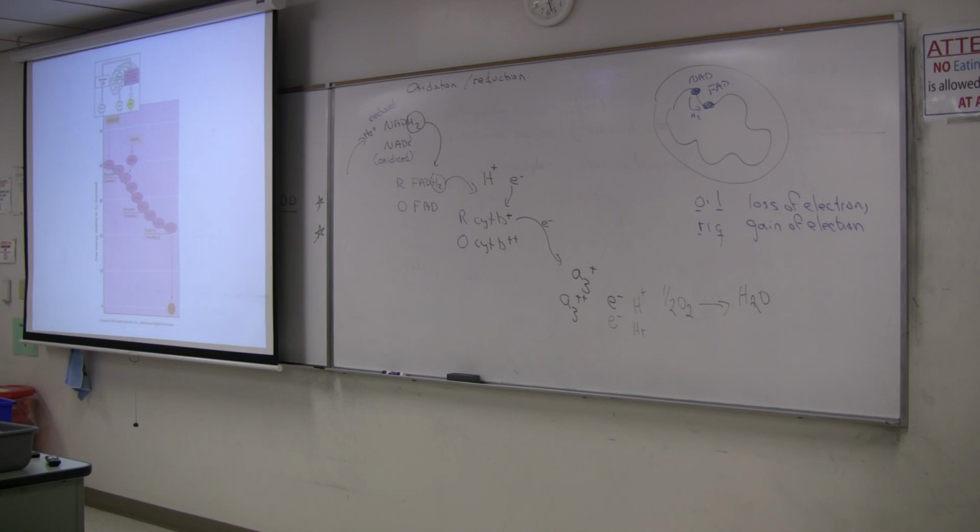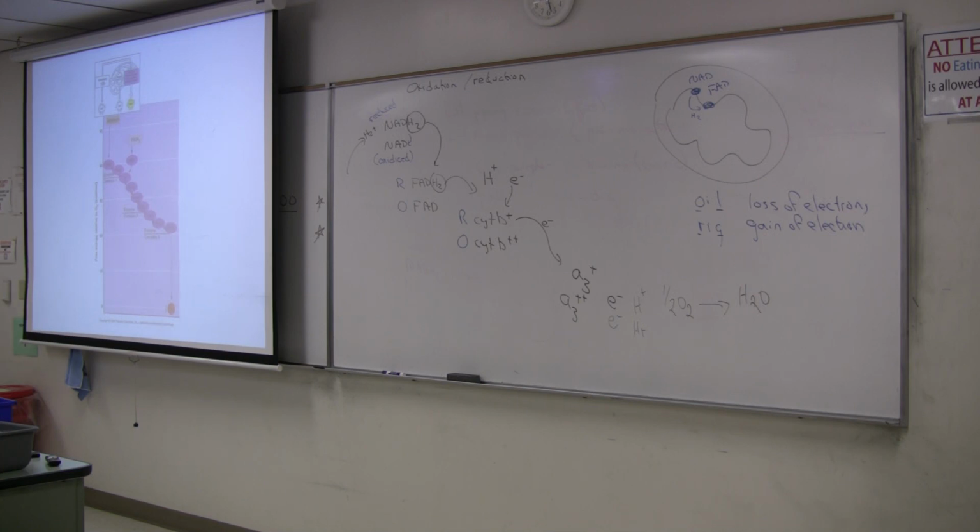So on page 62, on the summary, that's the end product of carbohydrate metabolism. What would be the end products of just electron transport? ATP, water, and always heat. Okay.